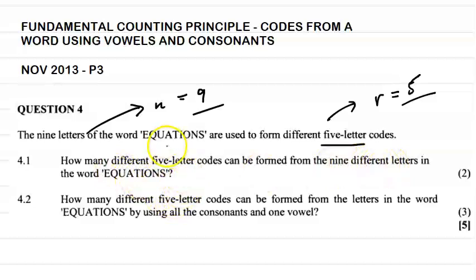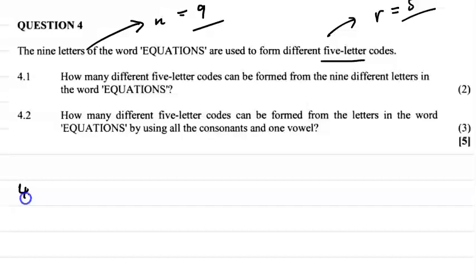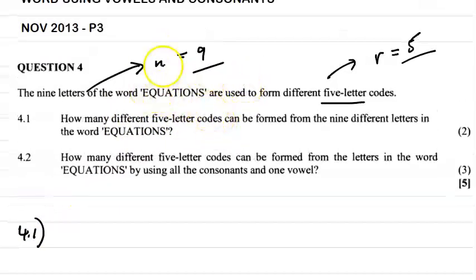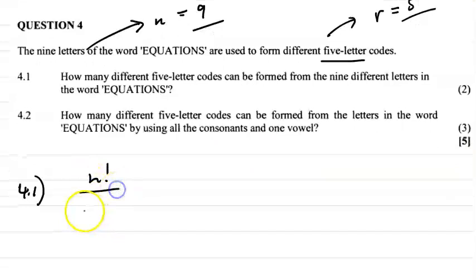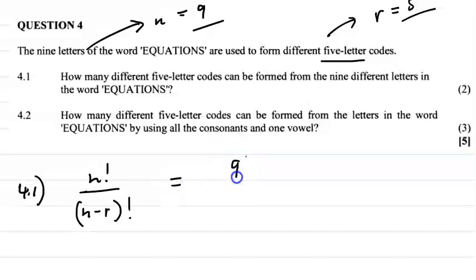One other thing that we have to look for is if there are any repeating letters. As we can see, E, Q, U, A, T, I, O, N, S, there are no repeating letters. Therefore, 4.1 we can simply use this formula. We know the values for n and r, so we can use the equation n factorial all over n minus r factorial, which would equal 9 factorial all over 9 minus 5 factorial.